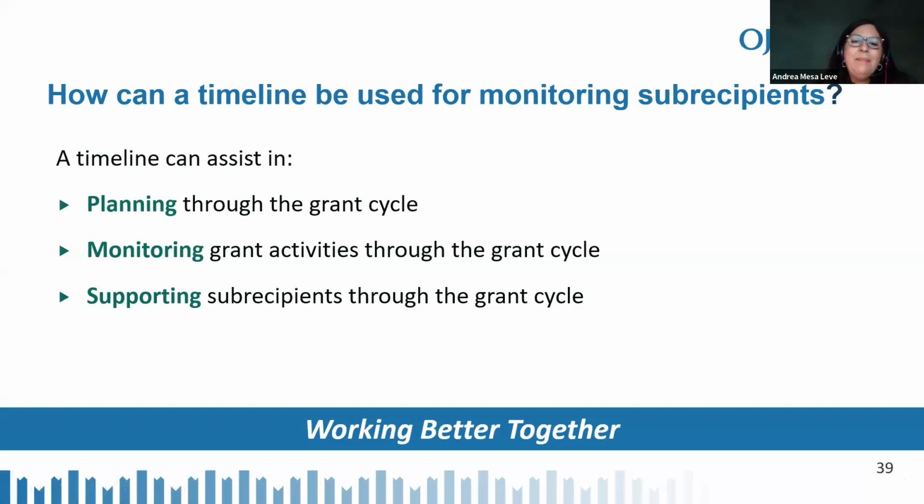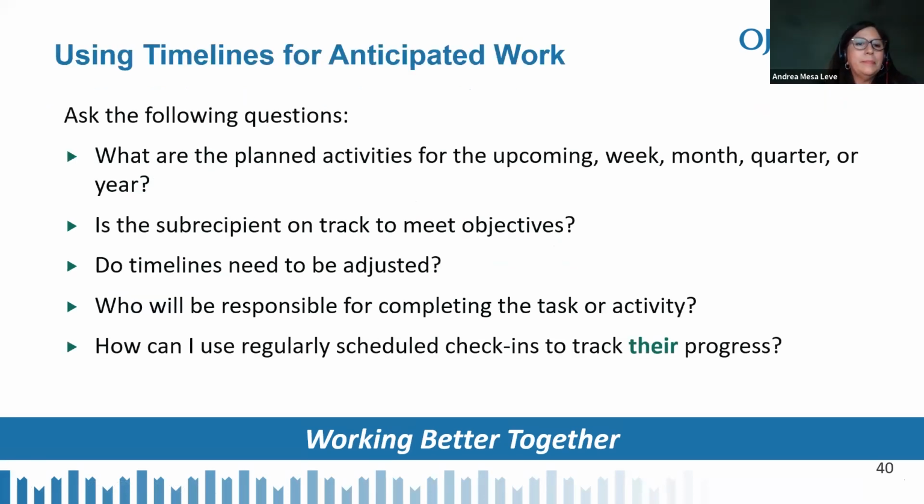So how can a timeline be used for monitoring subrecipients? It can assist with planning, monitoring, and supporting subrecipients through the grant cycle. Supporting is really important, having that communication. Next slide, please. Using timelines for anticipated work. So ask the following questions.